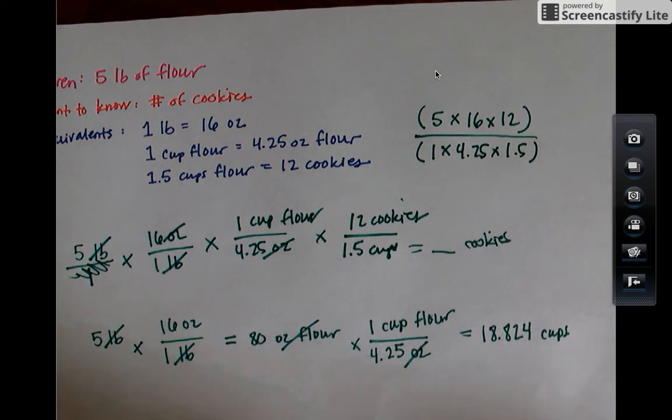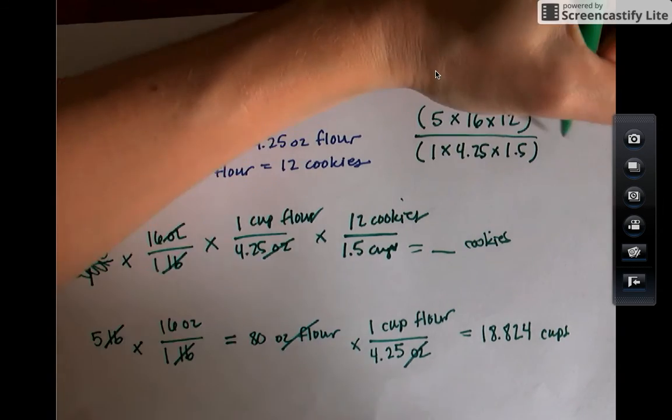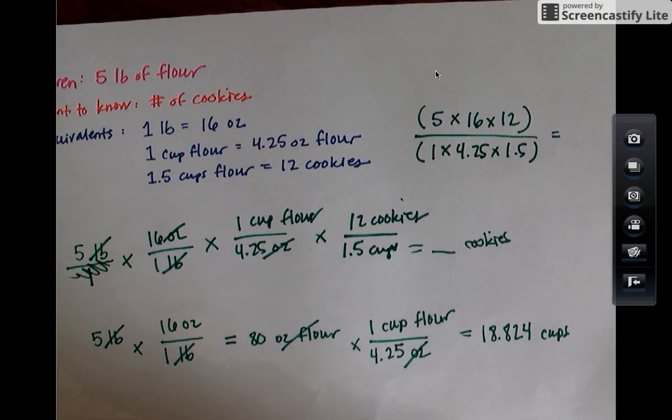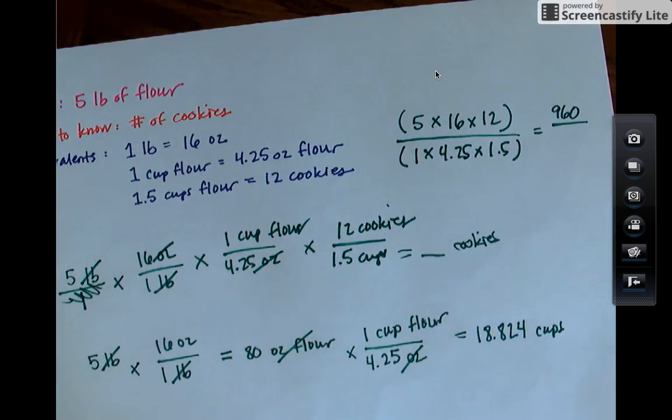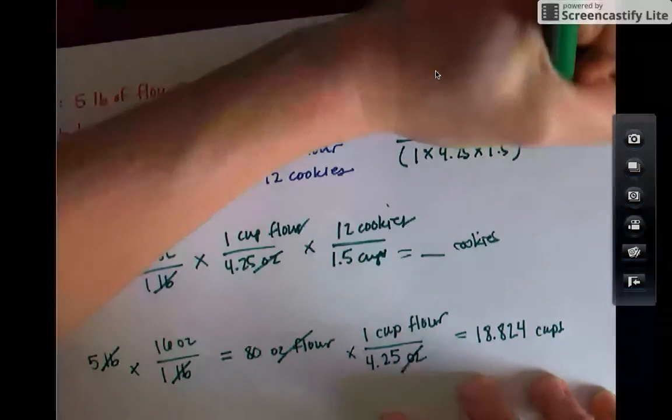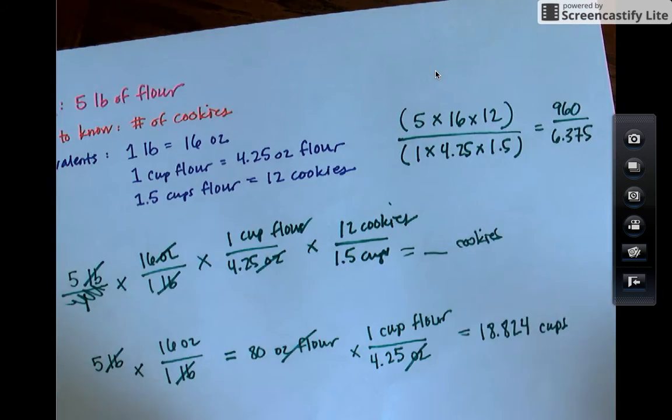So you can go ahead and put that into your calculator, and let's see what that works out to be. I'm just going to simplify it here because I don't have a scientific calculator in front of me. 5 times 16 times 12 is 960. And 1 times 4.25 times 1.5 is 6.375.